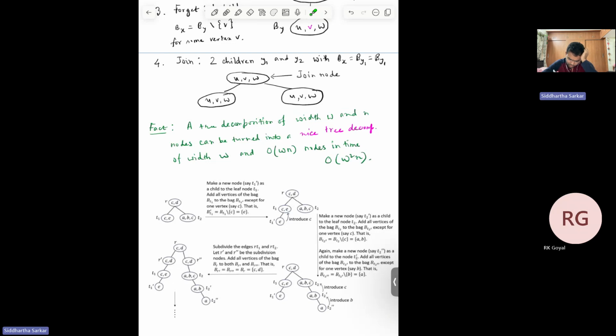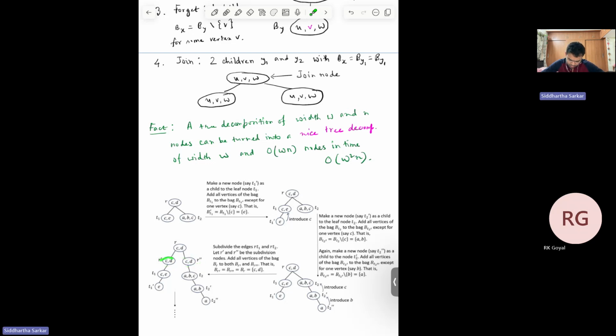So what did they do? They said, okay, CD, let us make two children which have identical bags: CD and CD. But once you introduce the two children, the other thing you have to ensure is that these two children are also classifiable into one of the valid types.